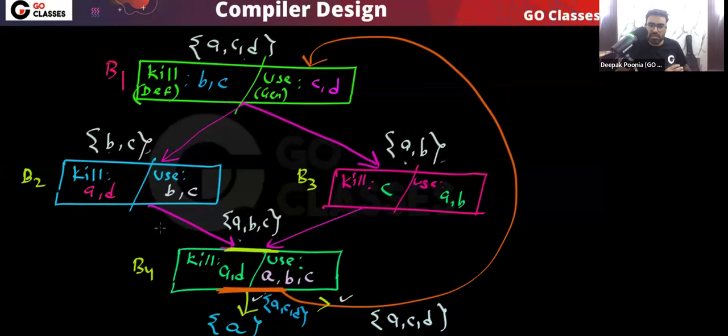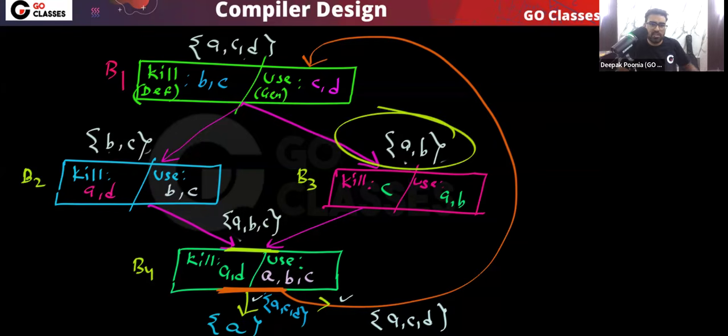So because B2 has only one successor, from B2 point of view, nothing is changing. Do you agree with me? For B2, in the first pass also, out of B2 was ABC. Now also out of B2 is ABC. Yes or no? So this will also not change.